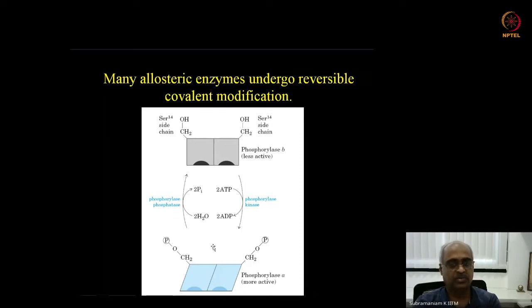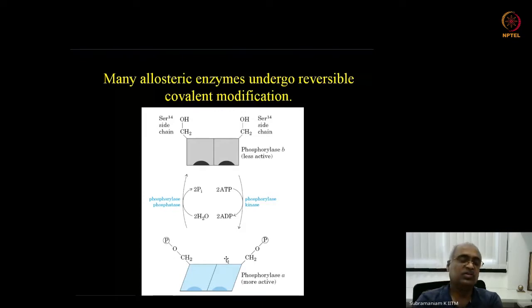In both subunits you have two serine residues, and when both are phosphorylated, it's active. When the phosphate groups are removed by phosphorylase phosphatase, where the substrate is the enzyme phosphorylase and another enzyme, phosphatase, removes that phosphate group, then it becomes inactive. By this way, you can have regulation through covalent modification.